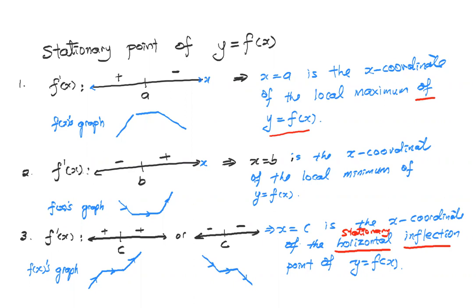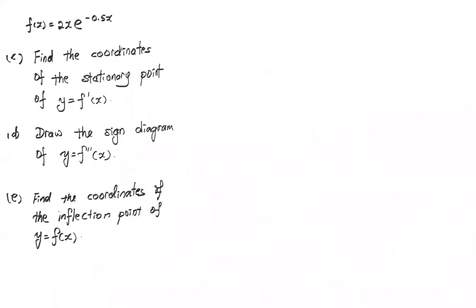So now, how to find the coordinates of the stationary point of y equal to fx? Still remember last Friday, I asked you to draw the graph of y equal to f prime x?